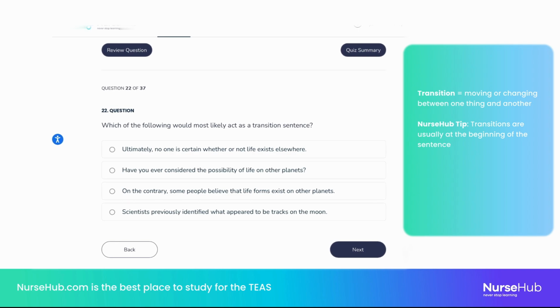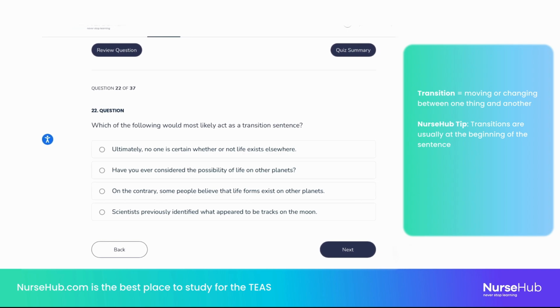Question number 22. Which of the following would likely act as a transition sentence? So a transition is when we move between different things. It could be ideas, it could be sections, it could be different types of tone.